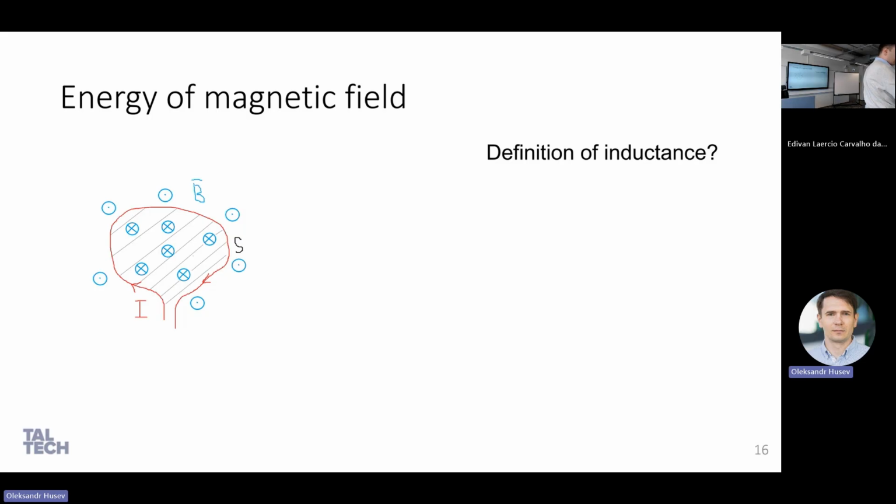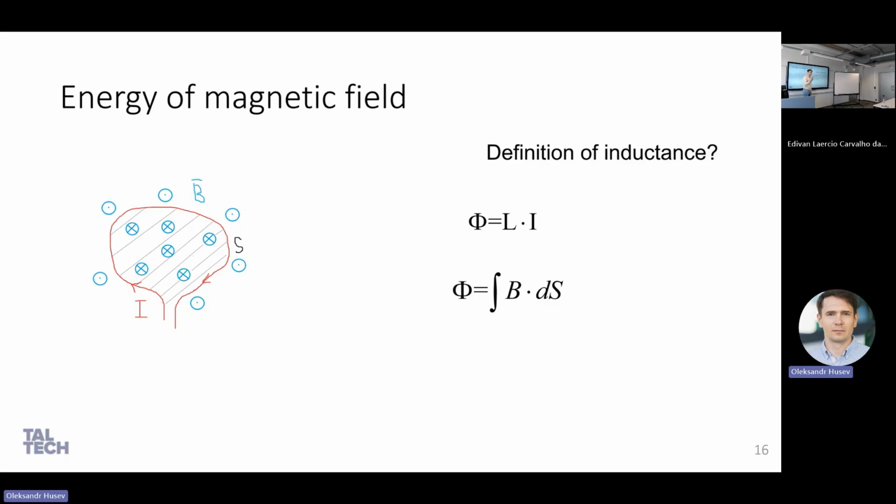But I would like to talk about the classical definition of inductance, because you see, I saw also the figure, right? It relates to magnetic flux. So by definition, this is a physical value which shows what magnetic flux is created by a current of one amp.